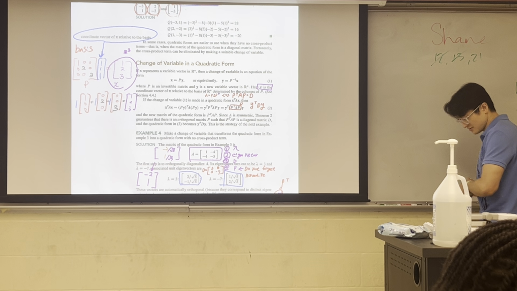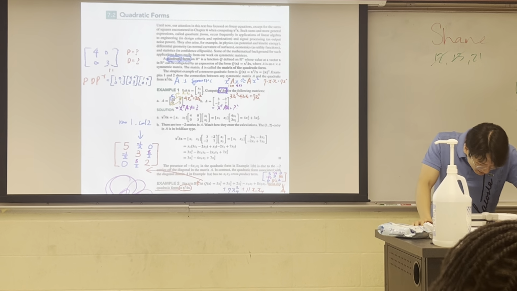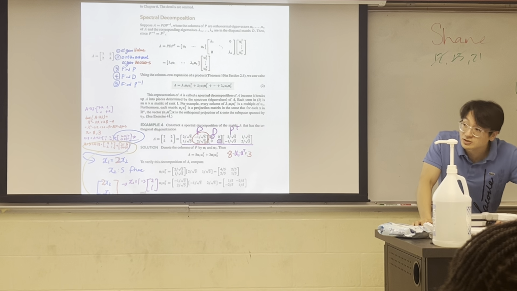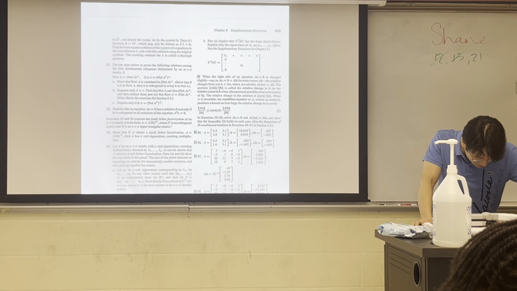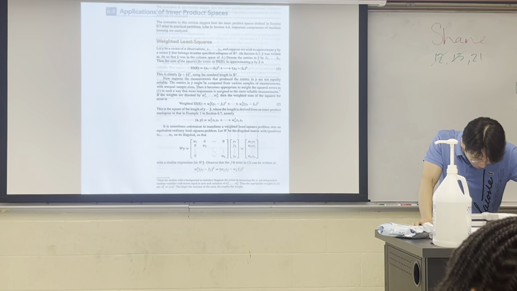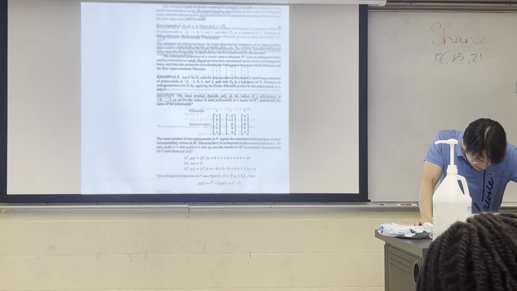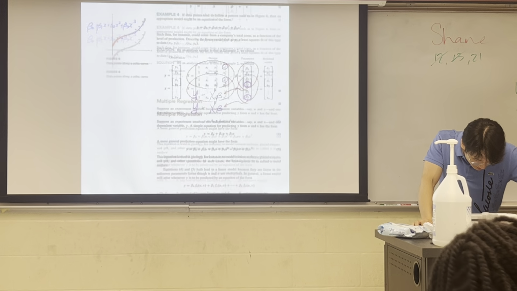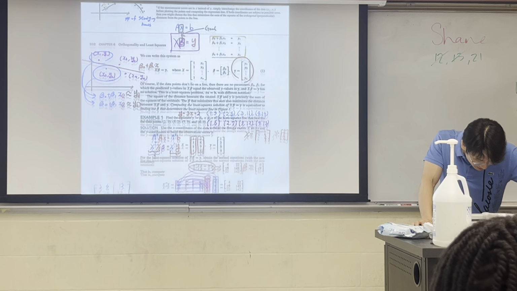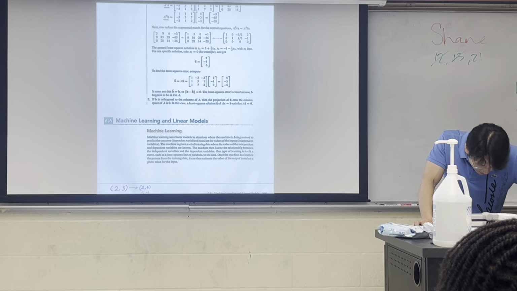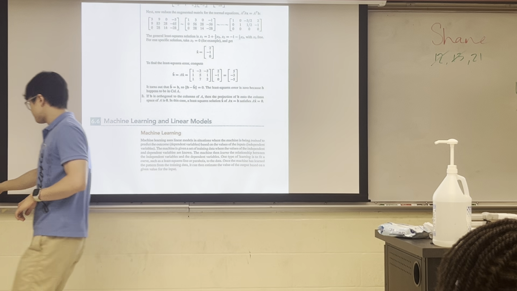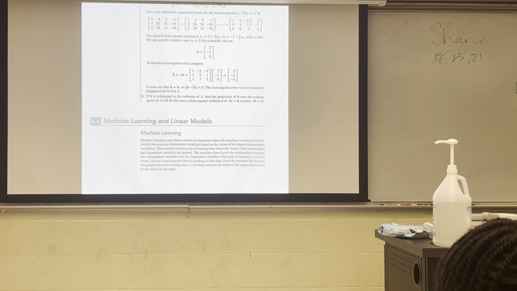What was the first matrix that we solved? 7224, yes. And what eigenvalues did you get? 3 and 8, right?